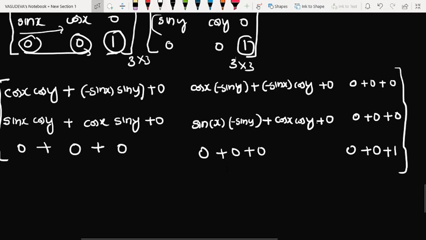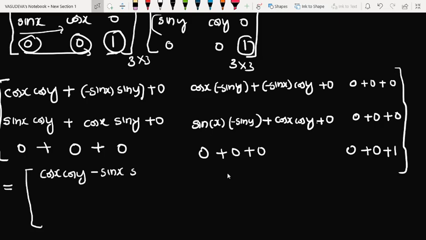So now that is equal to, we can write this as cos x into cos y minus sin x into sin y, and this is minus cos x into sin y and minus sin x into cos y.